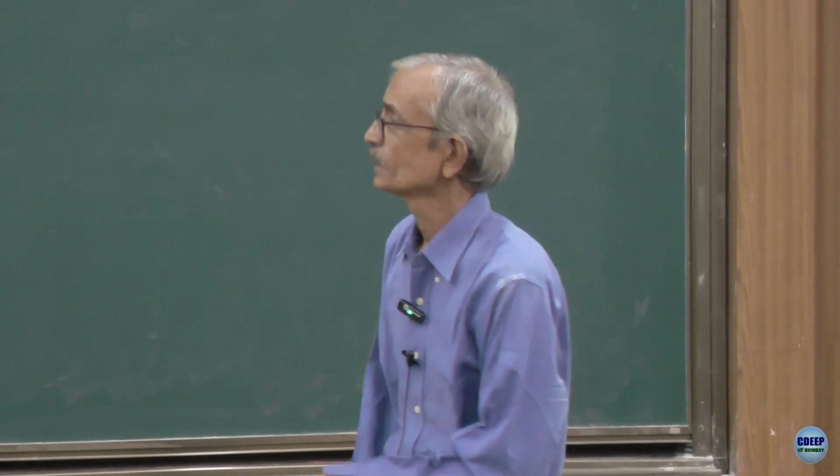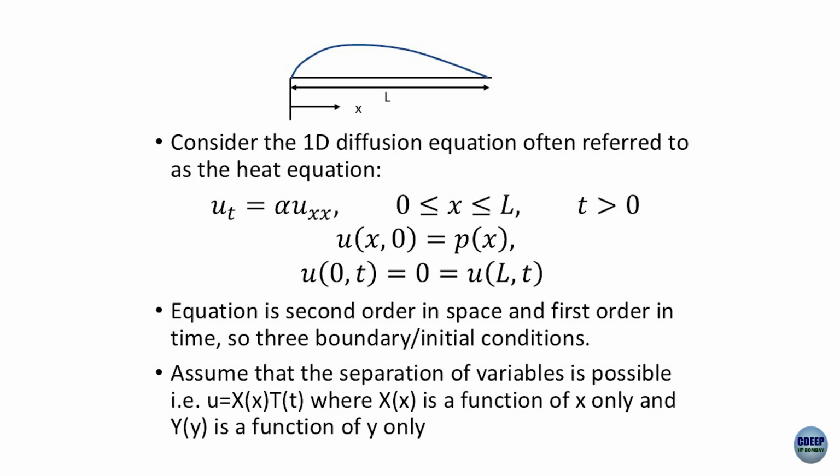Okay. All right. So let us formally now start with the so-called heat diffusion equation. And what we have is del u del t is going to be equal to alpha del square u del x square.